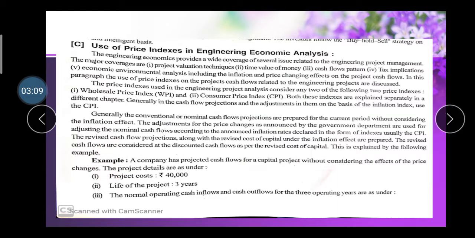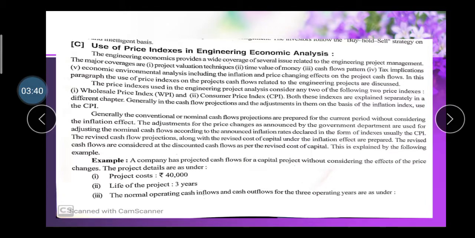Here one example is given to you. On this basis you can easily understand how this type of price index is applicable in an organization for making project-related decisions. Whenever we conduct any project, the wholesale price index and consumer price index are considered, and the consumer price indexes are the basis for the government, which declares them after considering inflation.